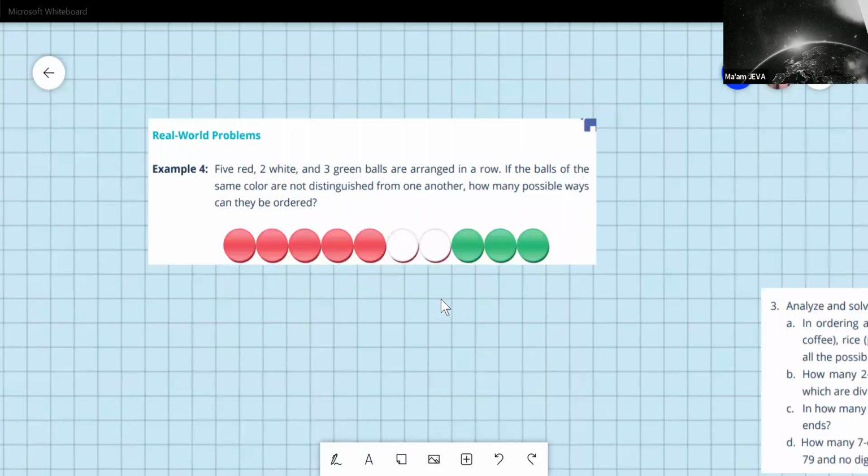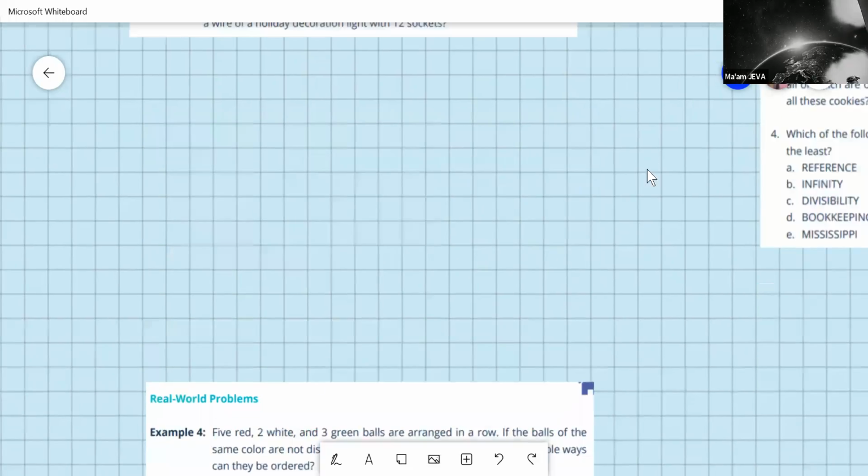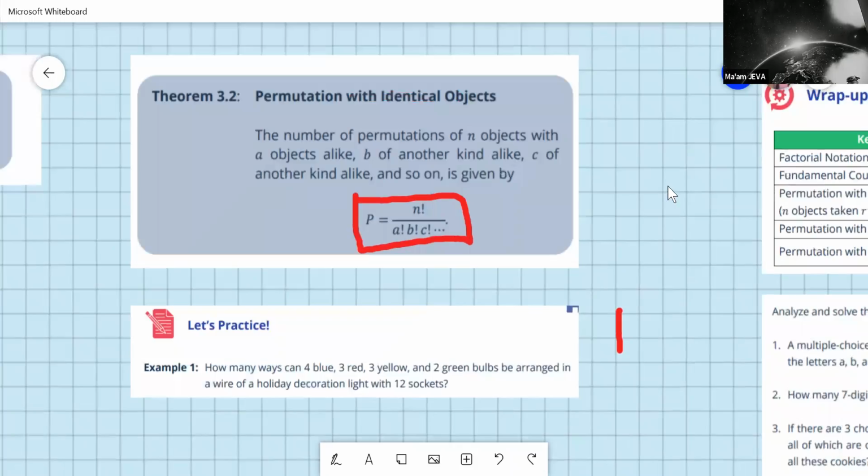Another example, a real world problem. It is quite similar to the previous example. This is also part of the permutation with identical objects, since all are marbles with identical colors: red, white, and green. So how are you going to solve this? Similarly, you're going to use permutations with identical objects.